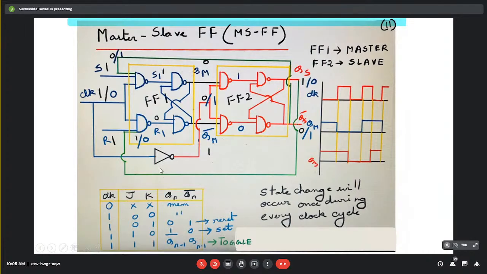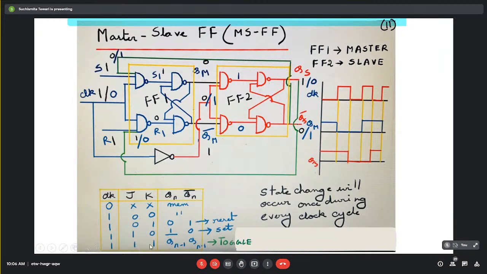If we try to write the corresponding characteristic table, it will be something like this. Here if clock is 0, it serves as memory condition. Clock is 1, J and K, here it is J and here it is K now. If these two are 0, again memory condition. Now for clock enabling, if J is 0 and K is 1, it will give rise to reset. If J is 1 and K is 0, it will give rise to set.